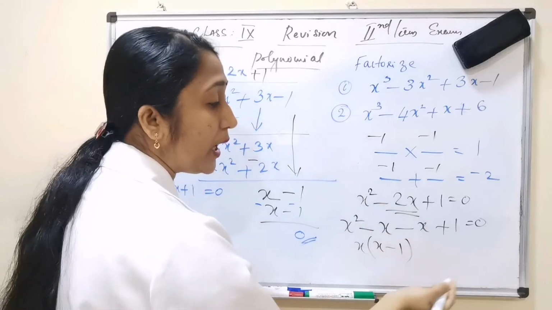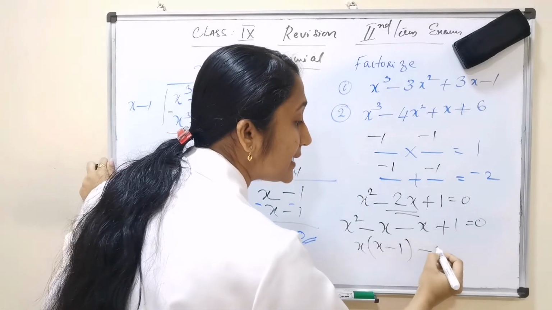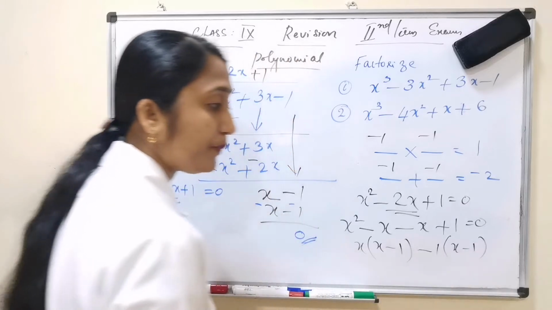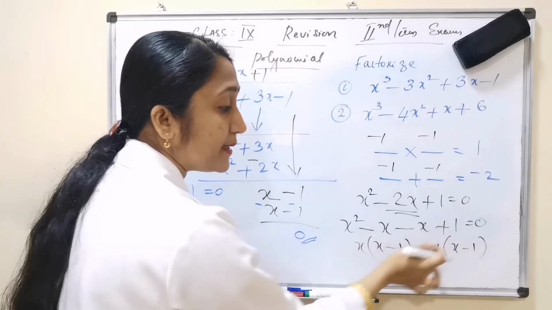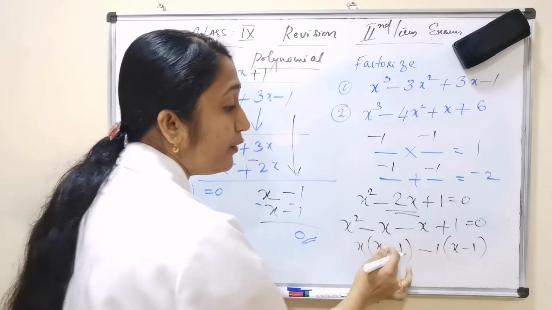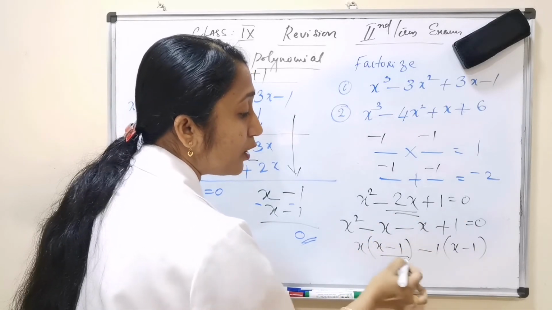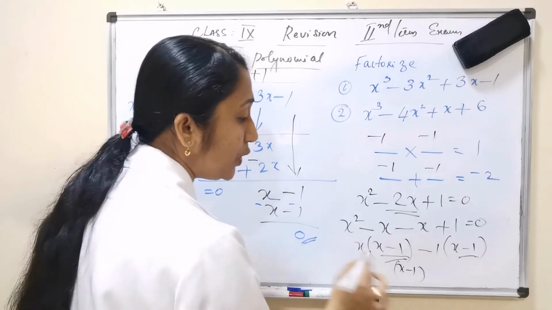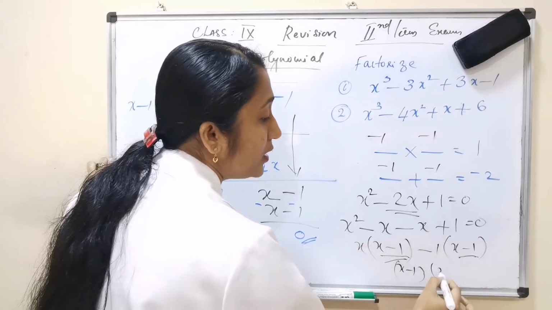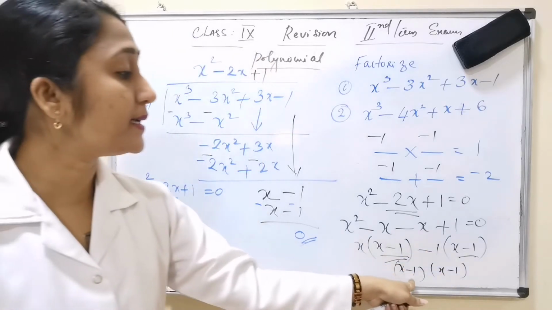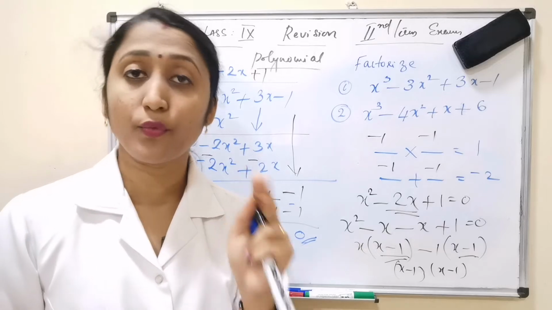From the last two you have to take common minus 1, so here x minus 1. Minus 1 is taken out, so minus x minus 1. From the two, the common factor is x minus 1. So x minus 1 into x minus 1 are the two factors.